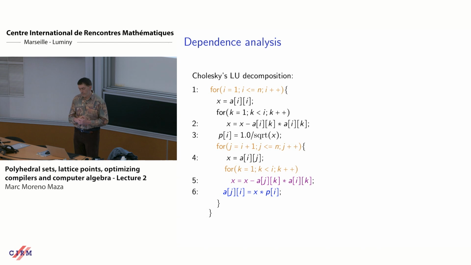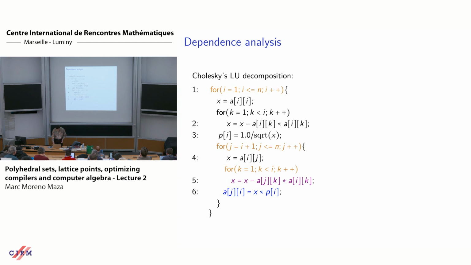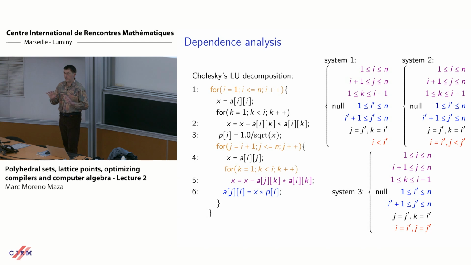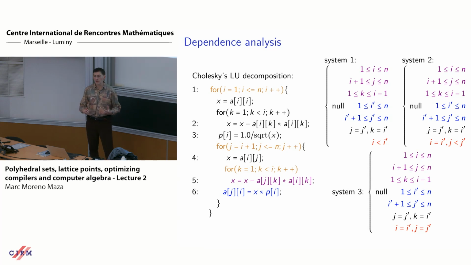This is solved by setting up systems of linear inequalities and equations, which I'm showing here. We have to distinguish 3 cases, but I'm not going to enter the details of that. For each system, we are asking whether we have integer solutions. And for that, it is enough to compute the integer hull of the corresponding polyhedral sets.